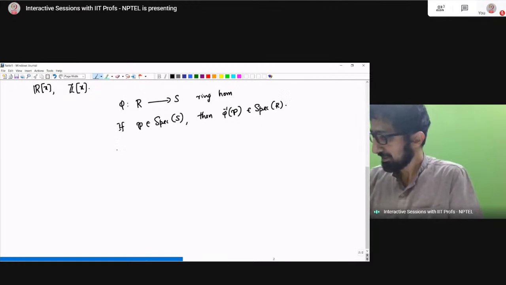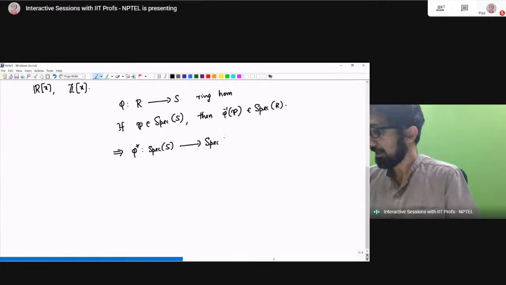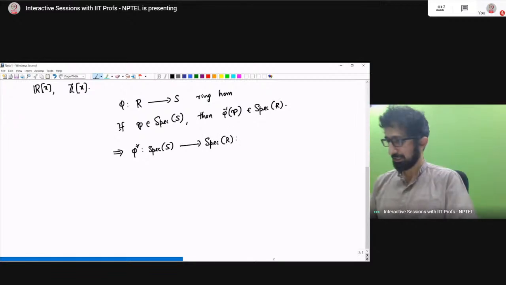So this naturally defines a map, we call it phi star, from Spec of S to Spec of R.